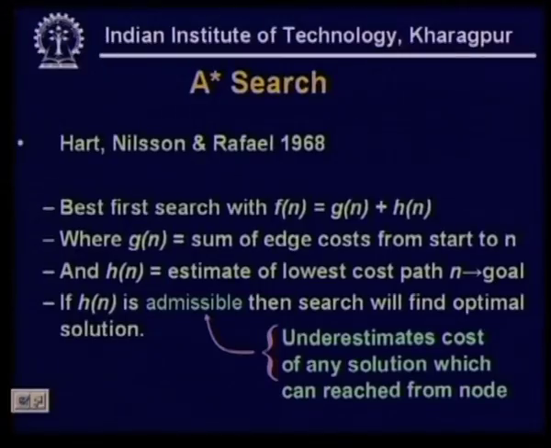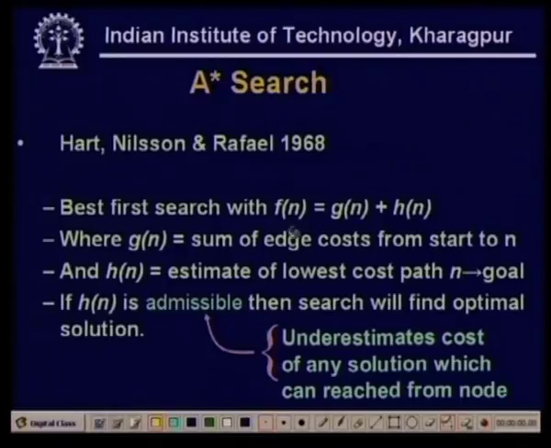So, let us just quickly go over A star search. A star, as we have seen in the last class, is a best first search where we use the function f(n) equal to g(n) plus h(n) to order the nodes for expansion.